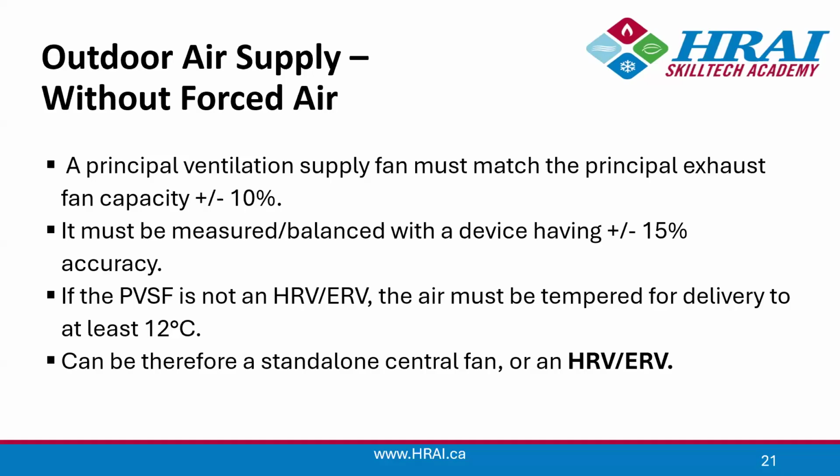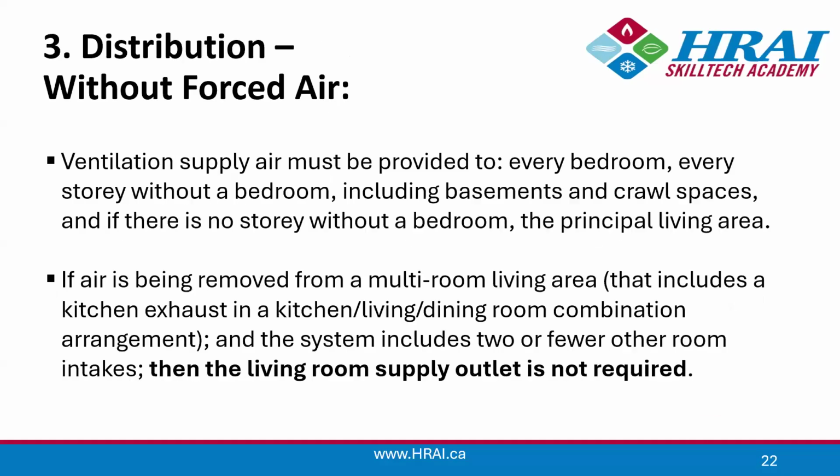So that's our supplier, and the next piece gets into distribution. So without forced air, ventilation supply air must be provided to every bedroom, every story without a bedroom, including basements and crawl spaces. And if there is no story without a bedroom, the principal living area. So we've heard that one before.